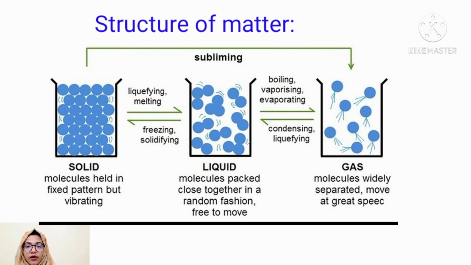Students, now I will discuss solid state and characteristics of solid. A solid body has a definite size. The space occupied by a body is its volume.